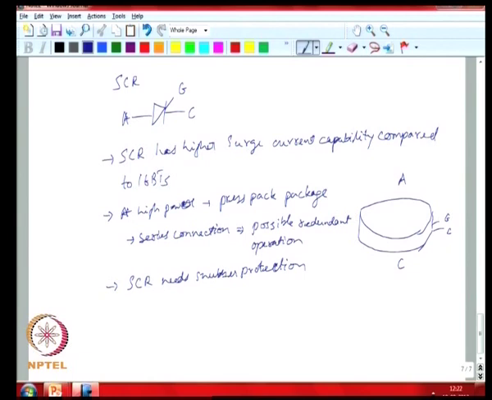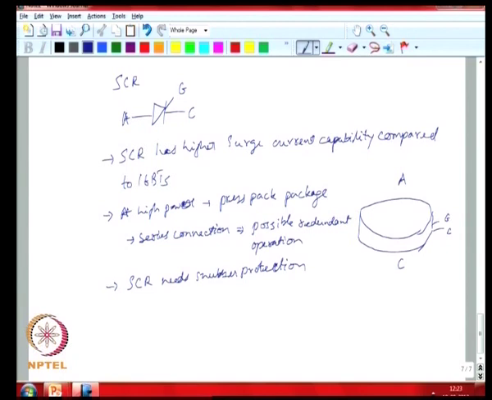Also, you need overvoltage protection if there is a surge voltage, to prevent that surge voltage from inadvertently triggering your SCR. You need voltage protection. Also, you need di/dt protection, because once you turn on, if suddenly a large current flows through a device in a rapid manner, you can have current crowding, overheating and formation of hot spots, and that can lead to damage of the device. So, with SCR you would need to use snubbers for its operation.